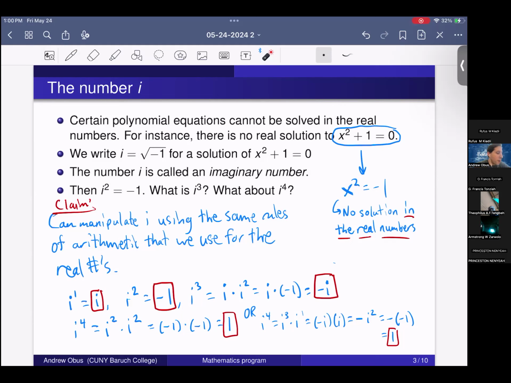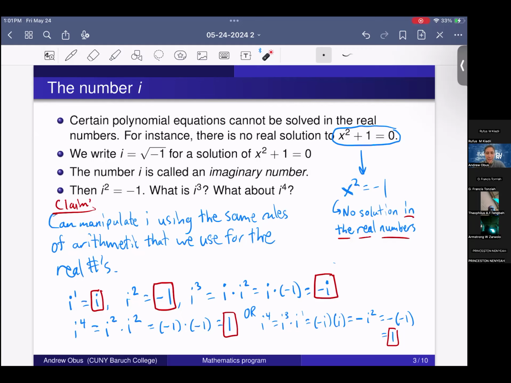Before we move on, let me just say, there's a mathematician from the 19th century named Kronecker, and his quote on this was that the natural numbers are the work of God. All else is the work of man. Basically, natural numbers are there for us all to discover, and then everything else we had to invent.